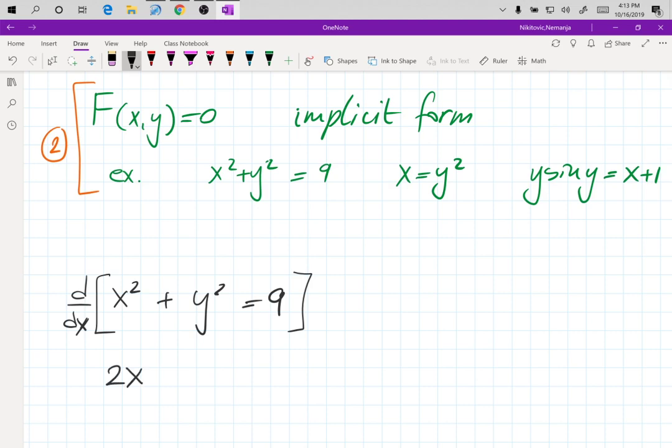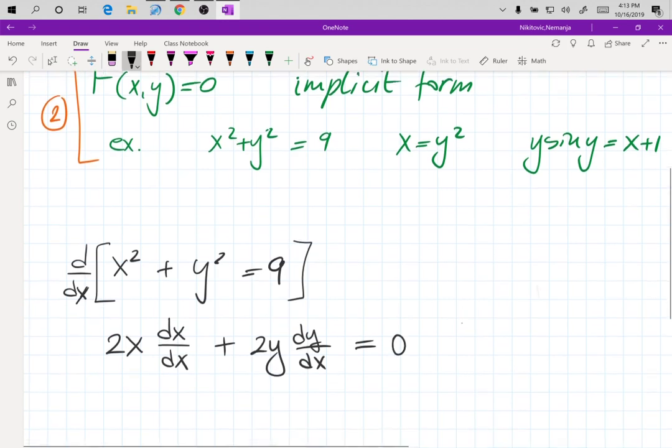And then we will follow with the chain, the derivative of x with respect to x. Plus, what is the derivative of y squared? 2y. And then you follow with the chain, the derivative of y with respect to x. Equal. What is the derivative of 9? 0. Derivative of a constant is 0.